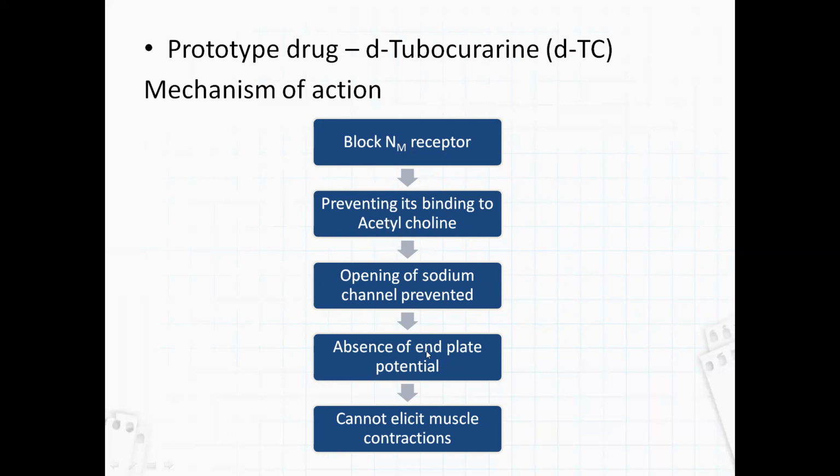So there is an absence of end plate potential, due to which it cannot elicit any muscle contraction. Henceforth, that skeletal muscle will be relaxed. This is the mechanism of action.